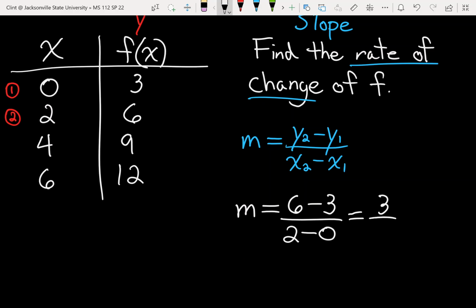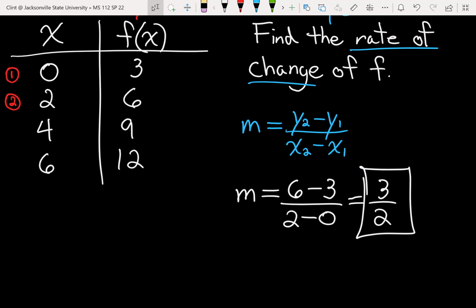There we get 3 over 2, and that's our rate of change or slope. Just plugging into the slope formula there. Stuff similar to what we've already done, it's just kind of in different terminology. Okay.